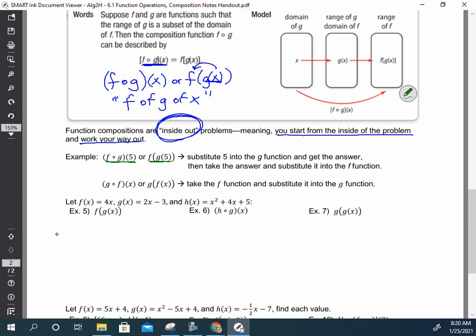What this problem means is take 5, plug it into the g function, and get the answer. After you get that answer, take the answer and plug it into the f function. That is what the notation means if you are working with a number.